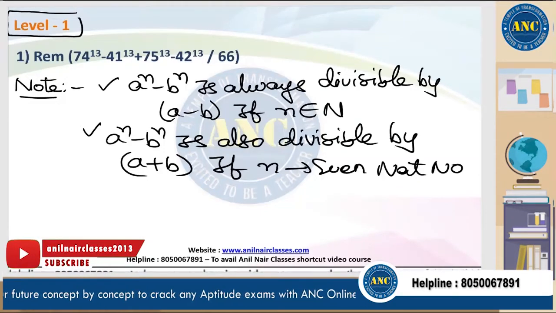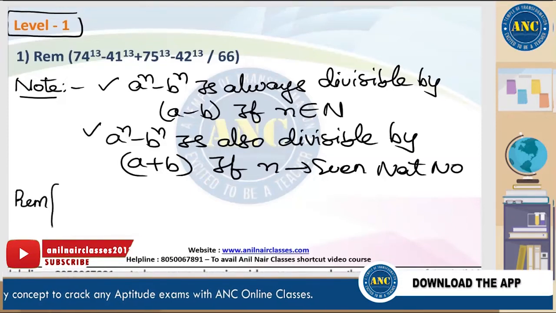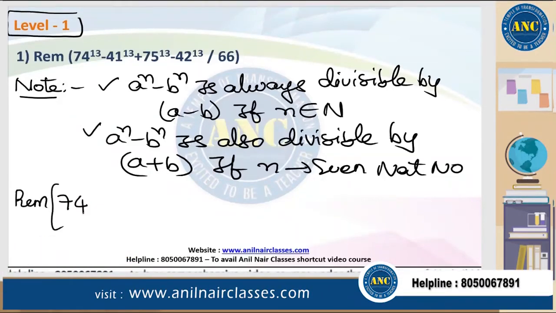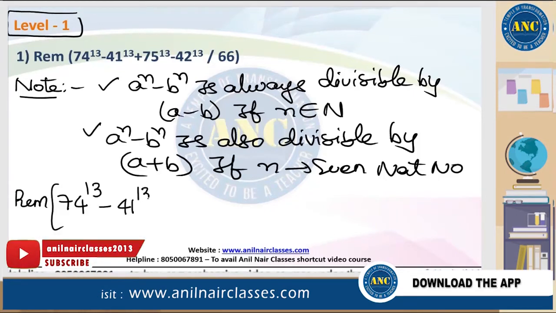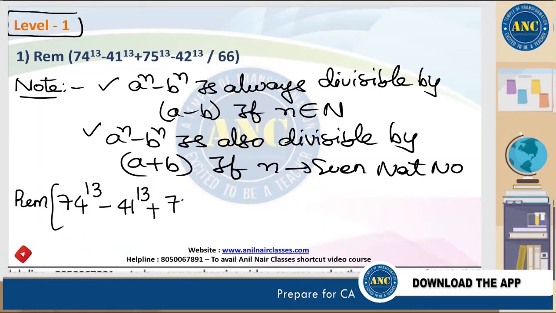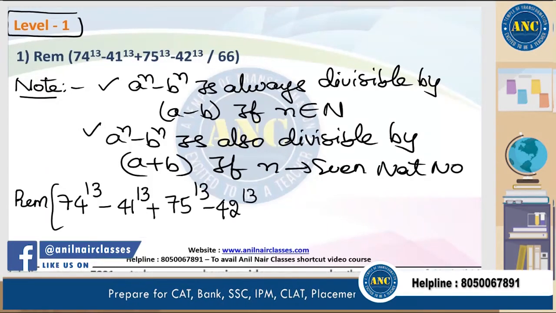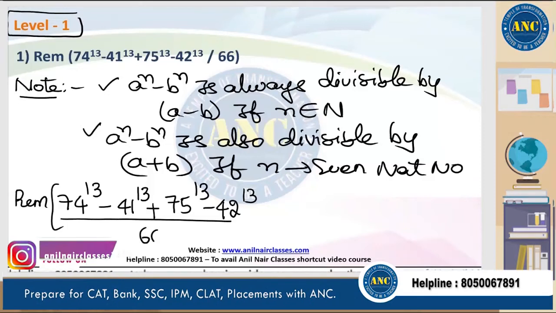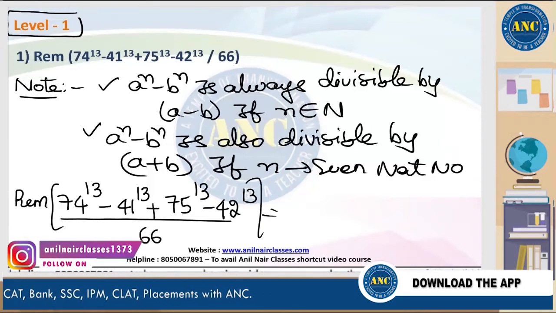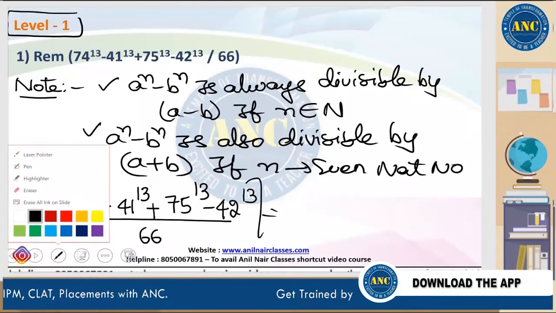Now let us look at this question. Reminder 1, listen carefully to every solution which I am solving. 74 power 13 minus 41 power 13 plus 75 power 13 minus 42 power 13, divided by 66. What did we discuss?